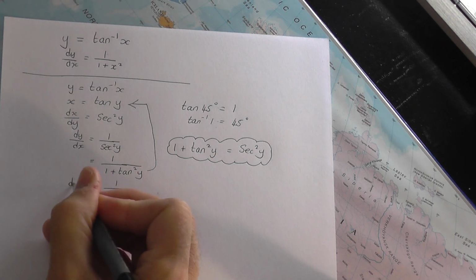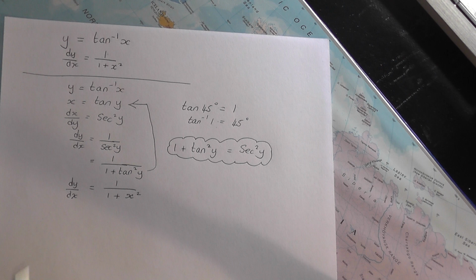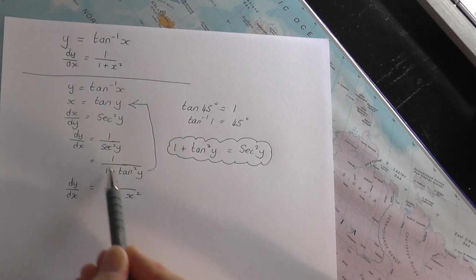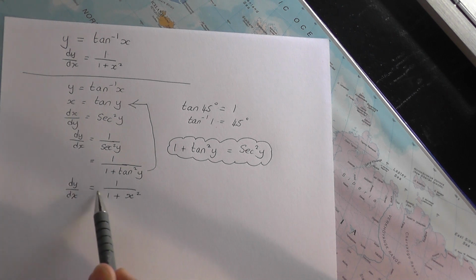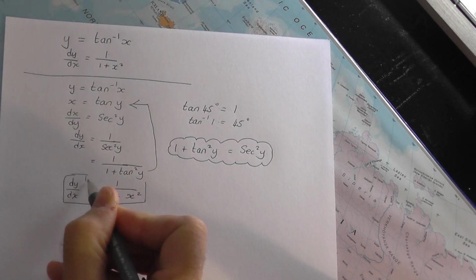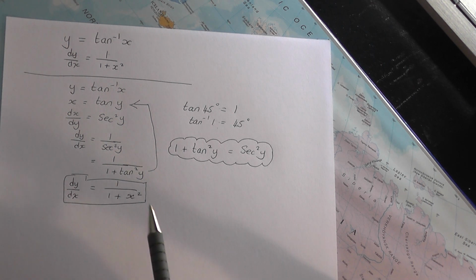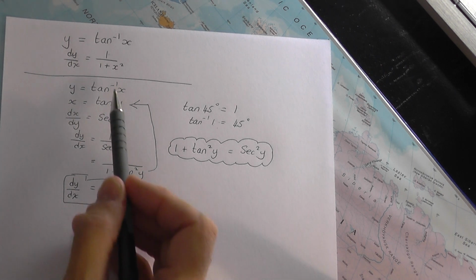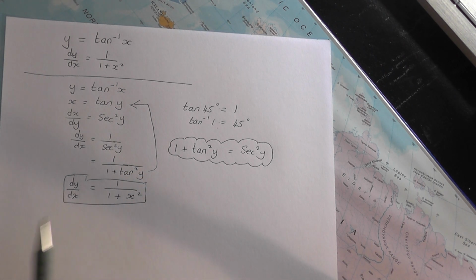So what I've worked out is that if y equals tan to the minus 1 of x, going through this process, dy by dx is 1 over 1 plus x squared. That result you need to learn off by heart, but you also need to learn this process. This is not differentiation from first principles. It is just a process, a halfway house proof if you like, that they do ask about and is likely to be on your paper.